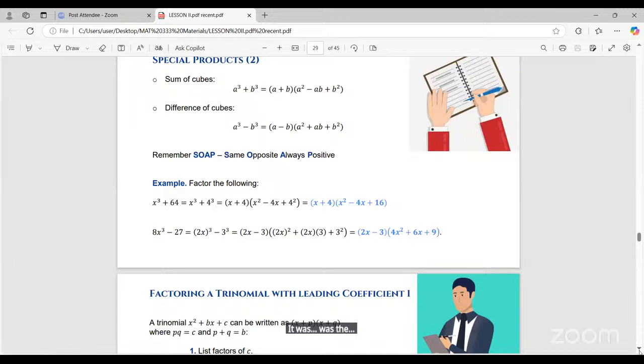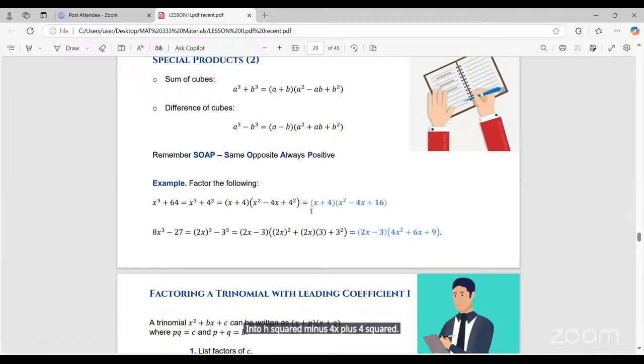How would I put it now? x cubed, and if we want to change 64, it is 4 times 4 times 4. 4 times 4 is 16, and 16 times 4 gives us 64. So it is the same thing as x cubed plus 4 cubed. And this is the same thing as (x plus 4)(x squared minus 4x plus 4 squared).